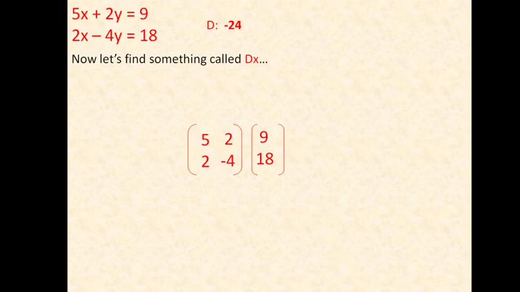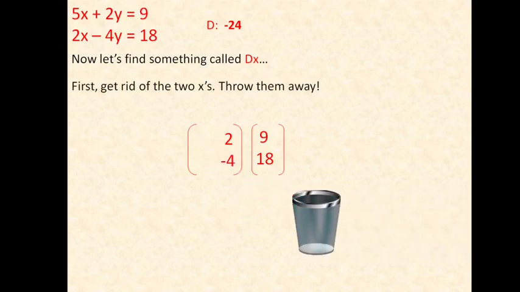This means we are taking out 5 and 2 from our matrix, and in the place of 5 and 2 we will take 9 and 18, which are there in your second matrix. So these two, 9 and 18, will take the position of 5 and 2.